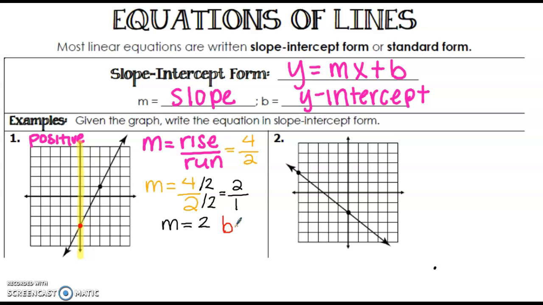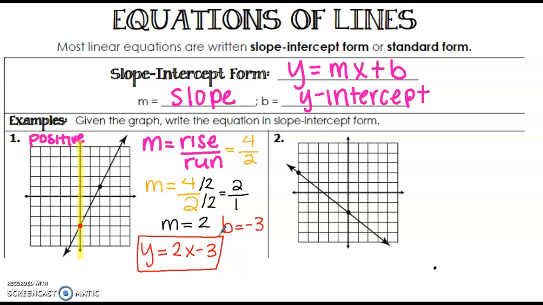So my b, my y-intercept, is going to be 1, 2, 3, negative 3. So now I have all the components that I need. I have my m, I have my b. If I plug them back into my slope-intercept equation, that's going to be 2x. Instead of plus b, because my b is negative, I'm just going to say minus 3. And I have my answer.